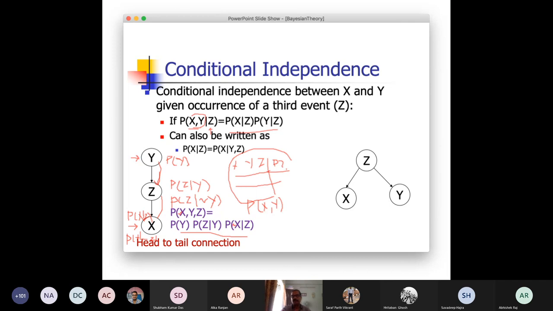So in this case, how many parameters? How many parameters for z? Only one, the probability of z. What about this? How many parameters? One. Why one? Because you are representing the conditional probability, X given z. Yes, sir.